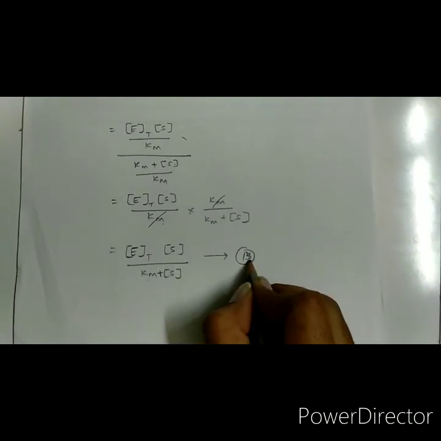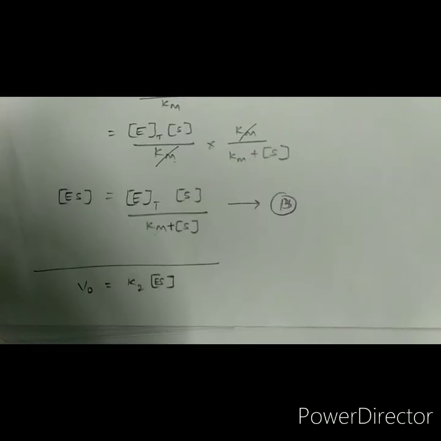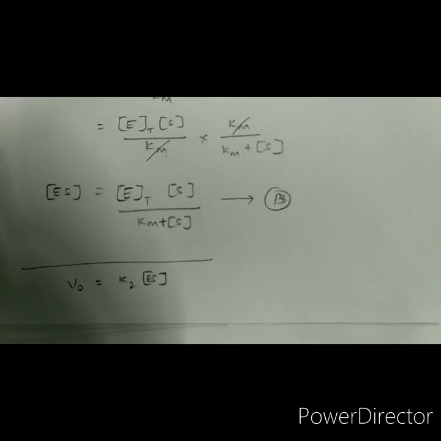This is the 13th equation. We also know that V0 is equal to K2 into Es.